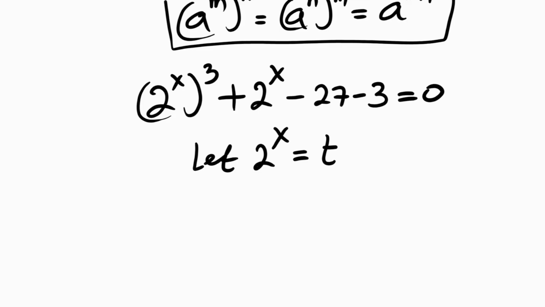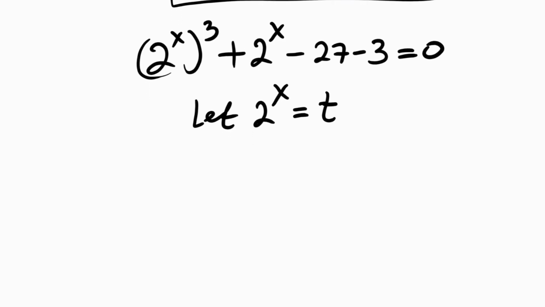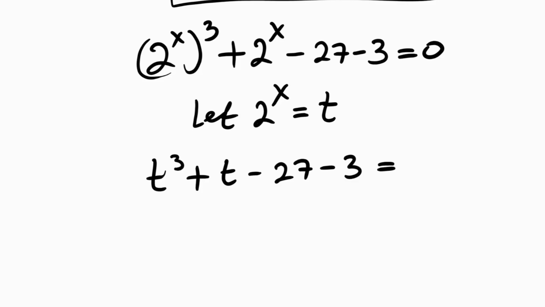Let's put a variable there to represent 2 raised to the power x. So now t is 2 raised to the power x. Let's rewrite everything that we have there. We have t raised to the power 3 plus t minus 27 minus 3 equals 0.